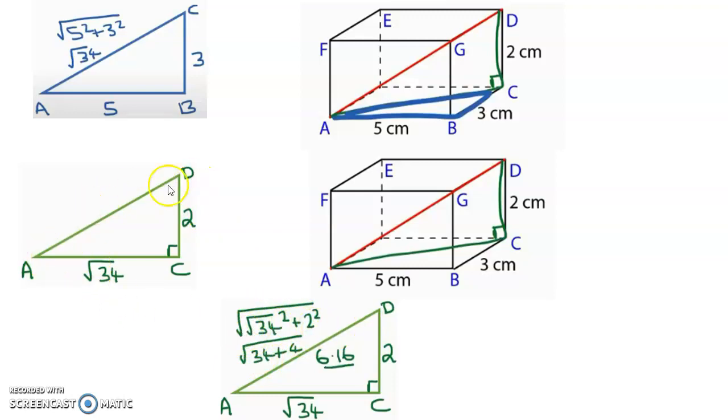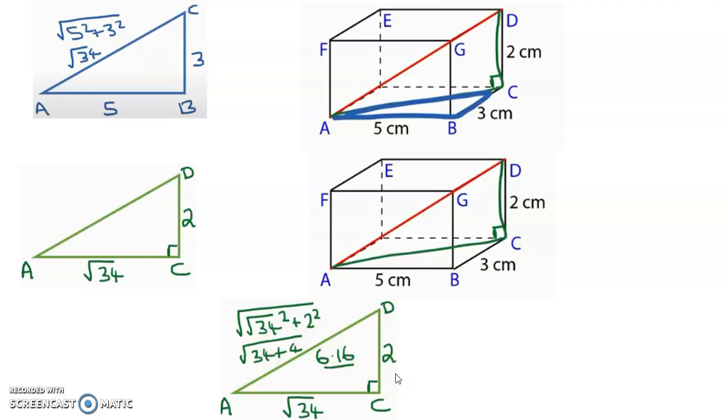So AD is the root of AD square, which is the root of 34 plus 4. So it will be the root of 38. And the root of 38 is 6.16.